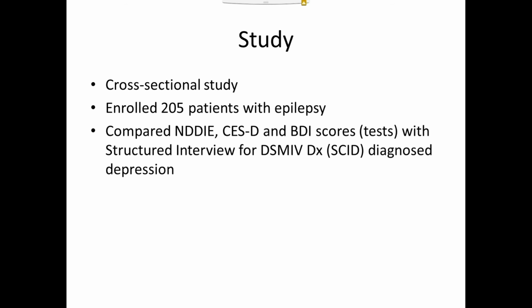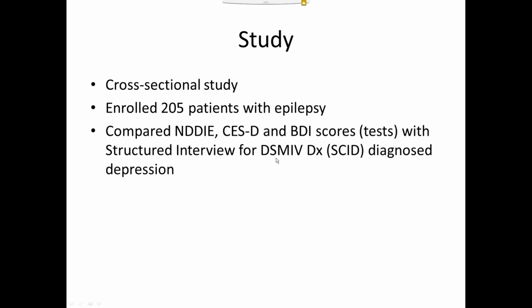After they developed their questionnaire and looked at some of its reliability, they created an accuracy study, and the study was a cross-sectional study. They enrolled 205 patients in specialty epilepsy clinics, and they compared the NDDI-E with two other depression inventories that are not specific to epilepsy, CES-D and the Beck Depression Inventory.